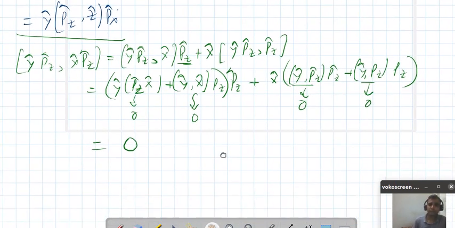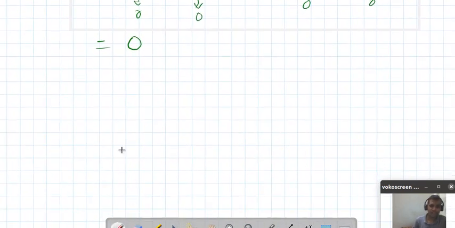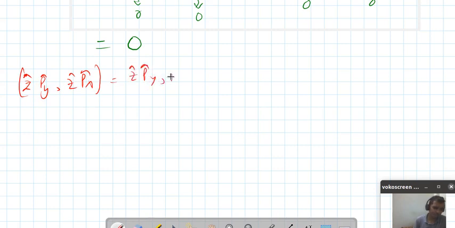And let me talk about another quantity. The other one is basically z py comma z px. It can be written as z py comma z px plus z into z px comma, sorry, it is z py and it is px, right?